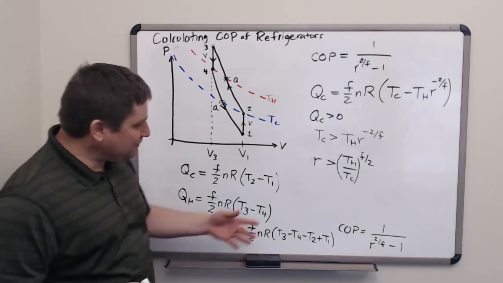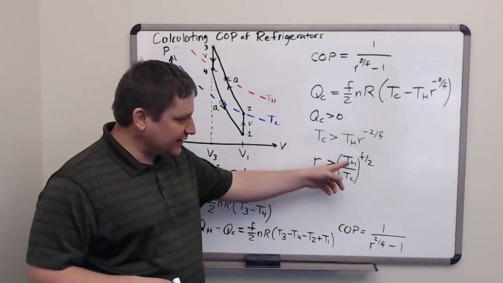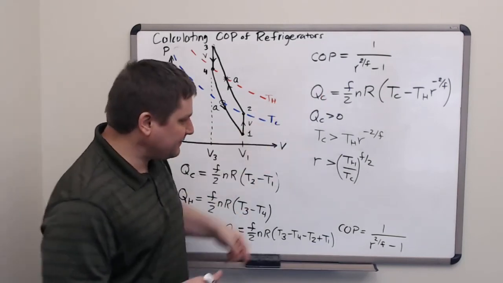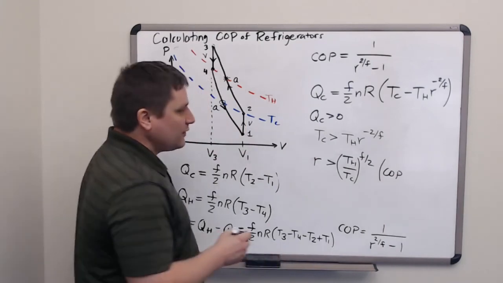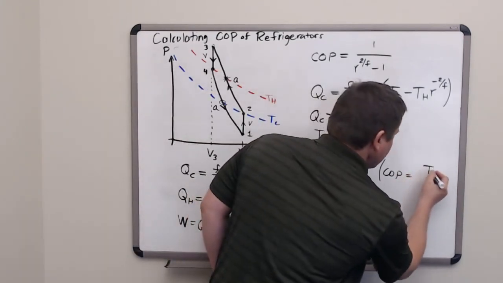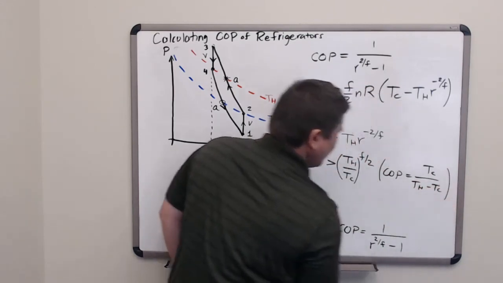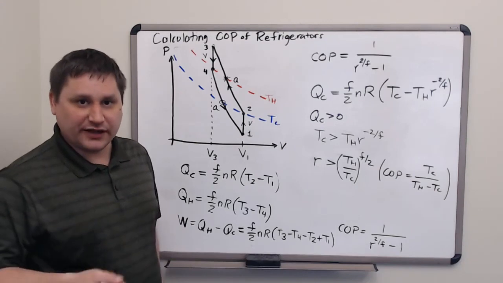Notice that if we plug in this limiting value, TH over TC to the F over 2 power, into the formula for the coefficient of performance, we would obtain the coefficient of performance predicted by the Carnot limit.